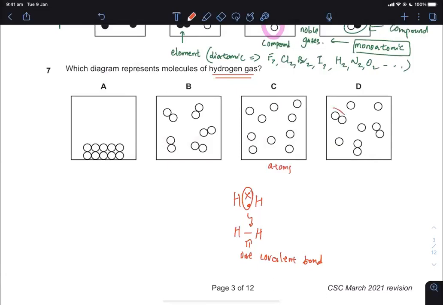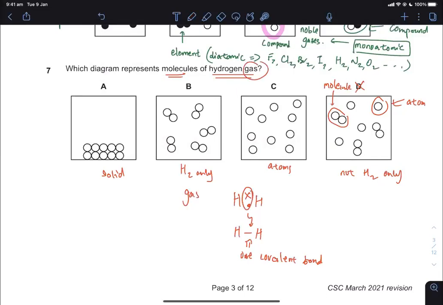Here you have a mixture of molecule. So they all consist of one type of atoms only, but this is atom. You want molecules. So you know this is not H2 only. This is H2 only. This is solid. This is gas. They are looking for gas. So a lot of things to look out for. Do not just decide whatever you want to think, but rather read through the question carefully.